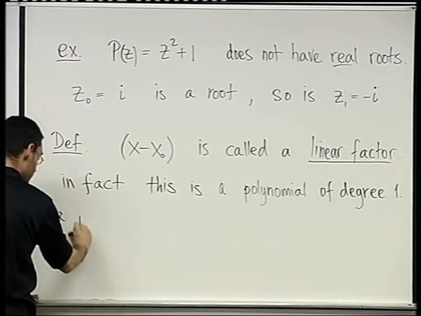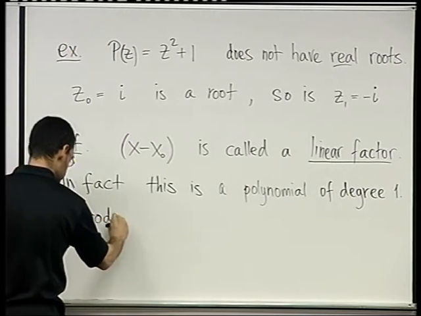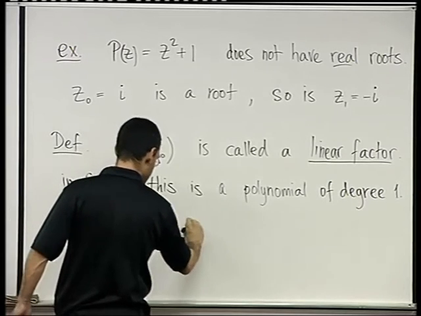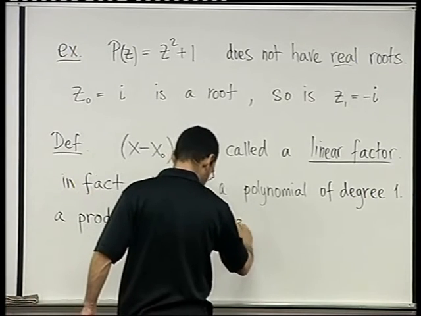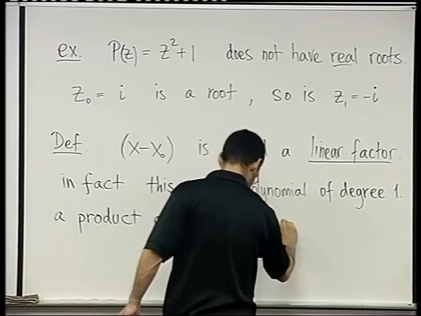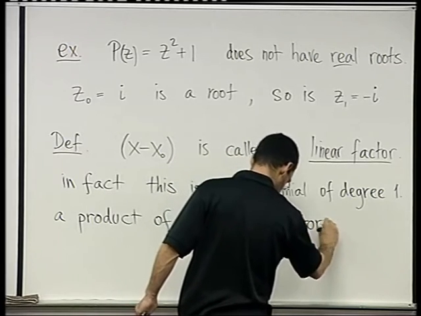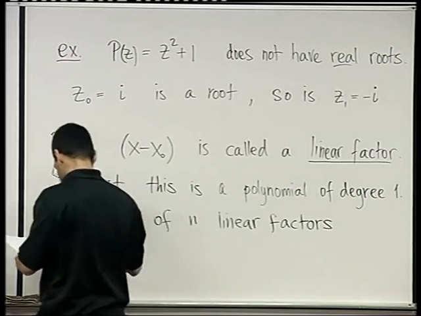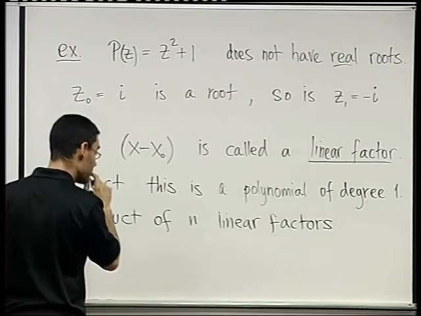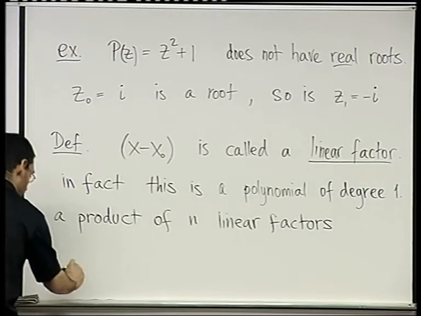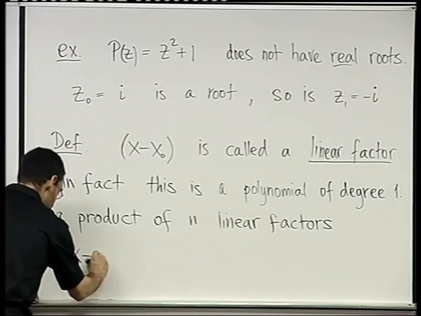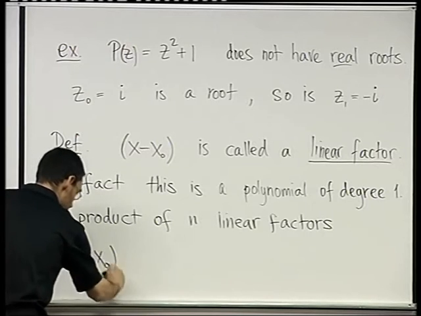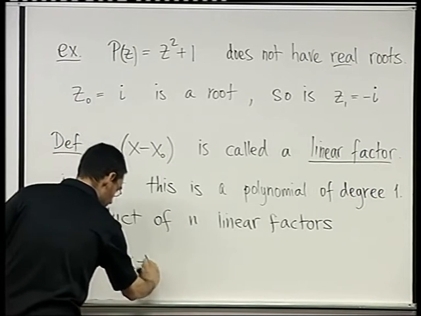A product of n linear factors, let's write such a product. So x minus x0 times x minus x1.